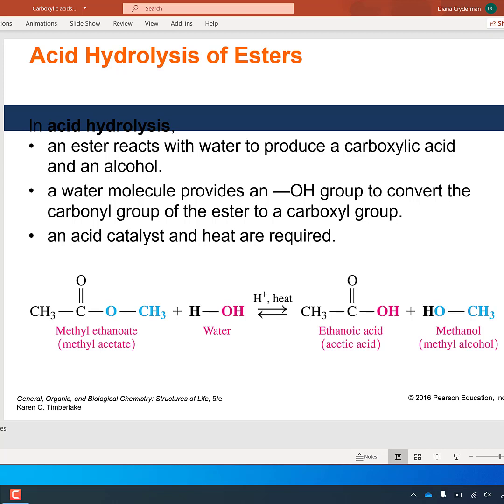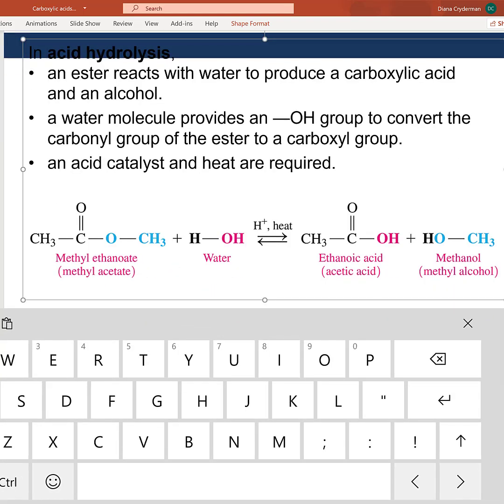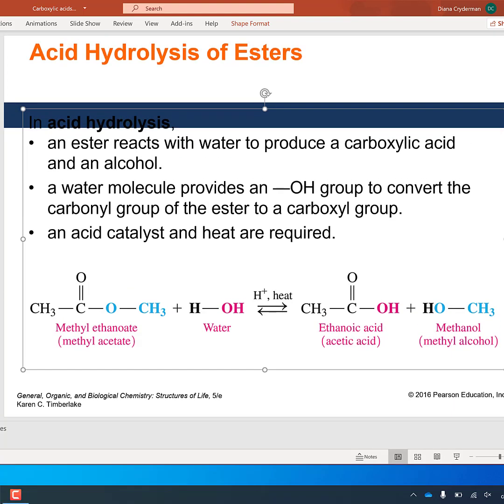And so we have what's called the hydrolysis of esters. We can have it in 2 different forms: an acid hydrolysis or a base hydrolysis. We are going to start with the acid hydrolysis here, and that just denotes the fact that the catalyst is an acid.